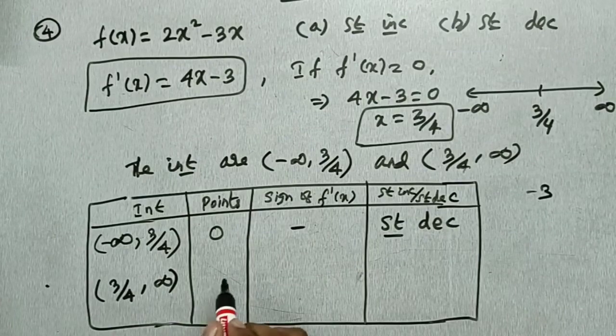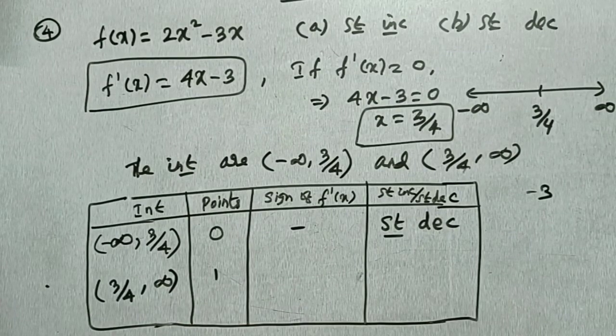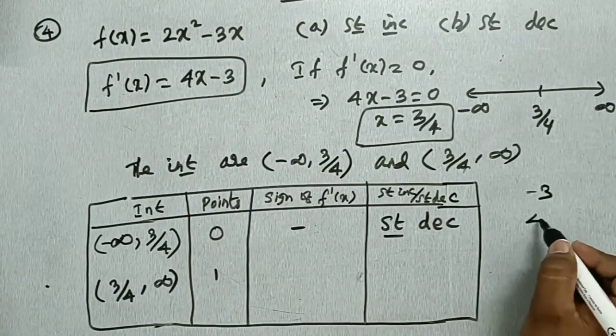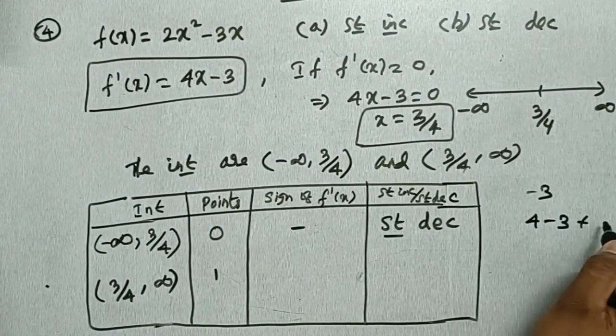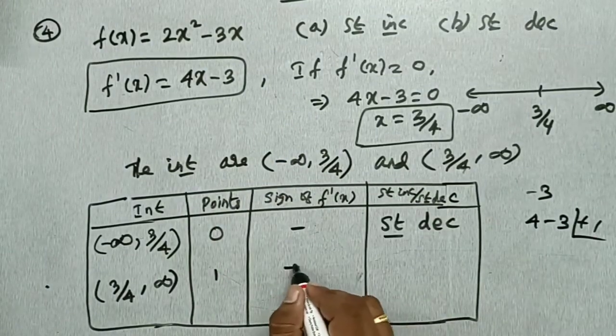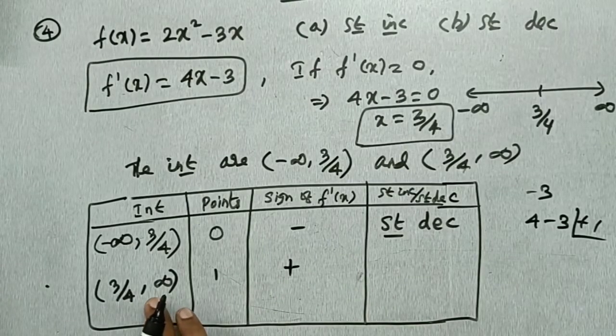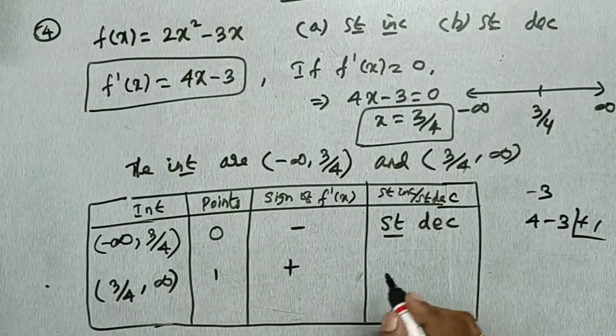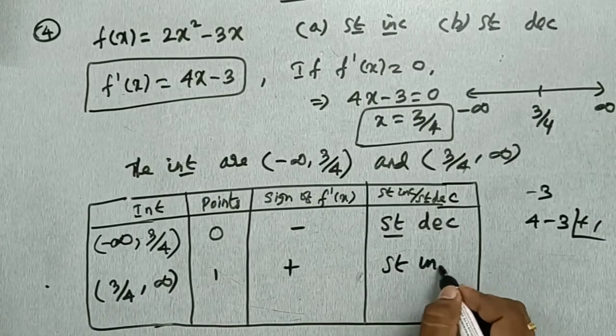Next, the second interval: 3 by 4 comma infinity. Here I can take 1. Substitute x equal to 1 here. We will get 4 minus 3, so plus 1 comes, which means positive. So f dash of x is greater than 0 in this interval, so it is strictly increasing.